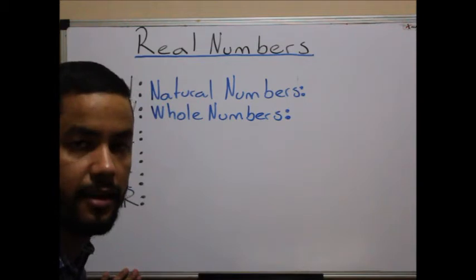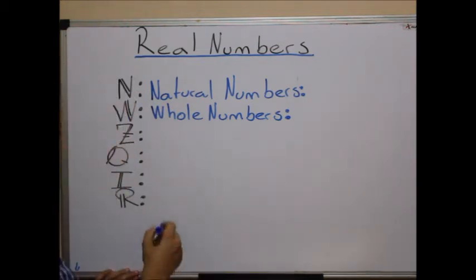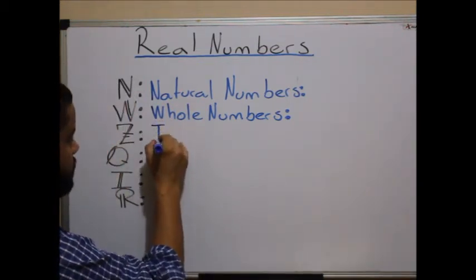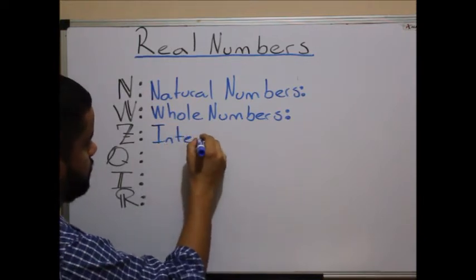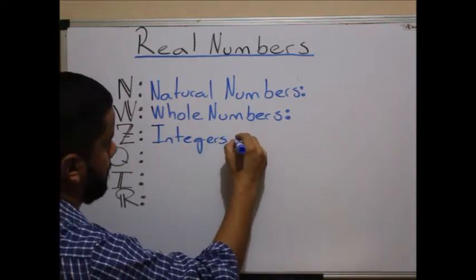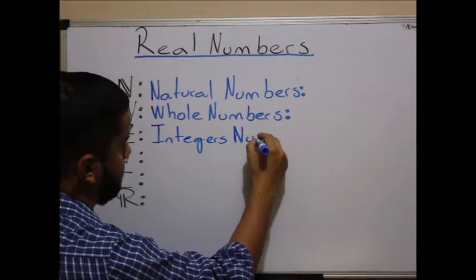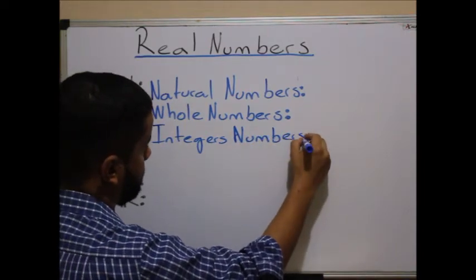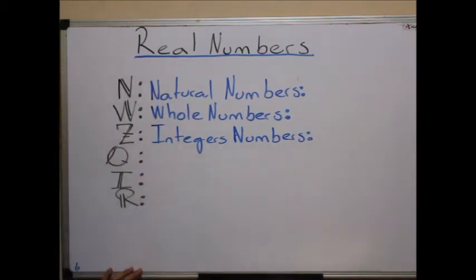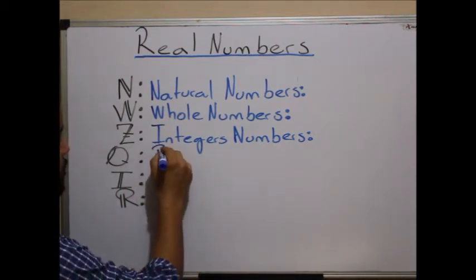A Z represents the integers. A Q represents the rational numbers.